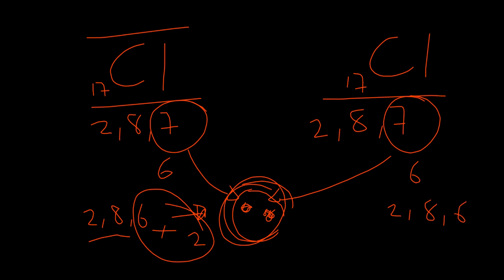This will now share with the other one, so the 2 will be added to the 6, and this 2 and the 6 will give you 8. So it's now satisfying the octet rule. So the takeaway point is this: in covalent bond formation, the atoms involved share electron pairs, which they themselves have donated. So they donate electrons and they share those electron pairs.